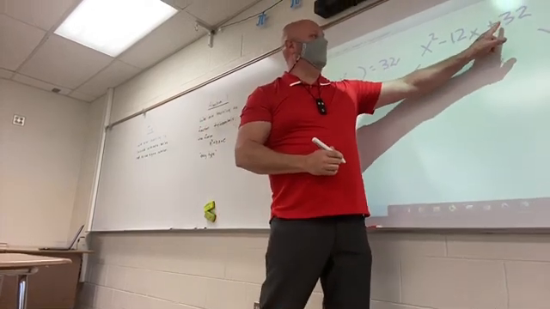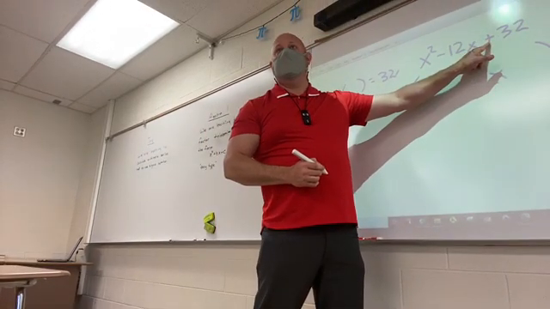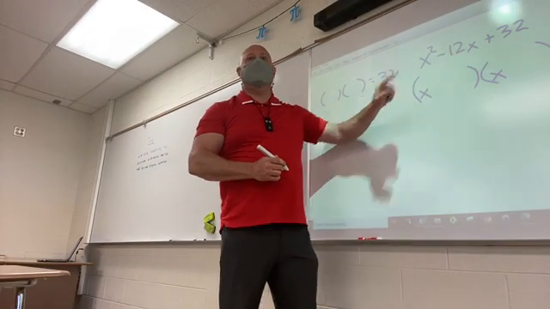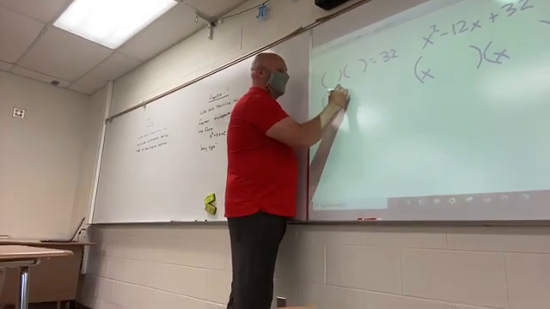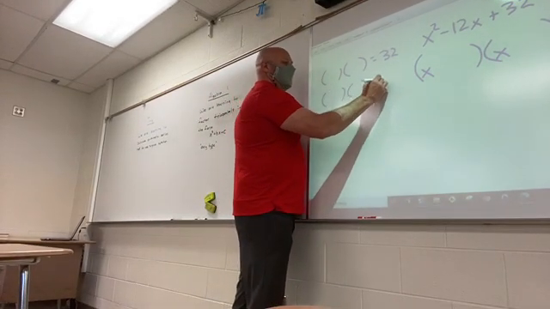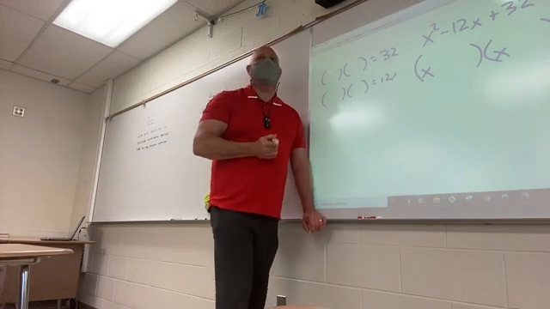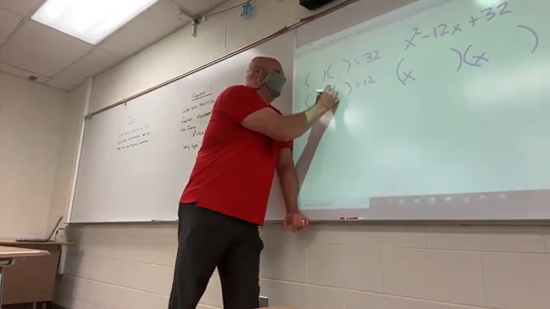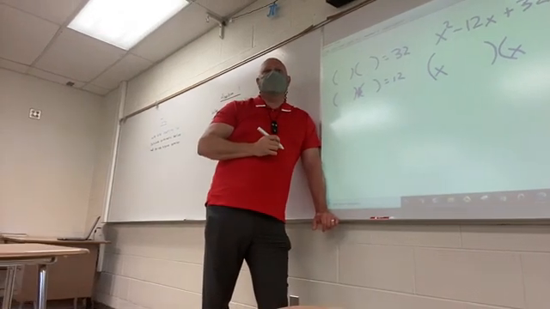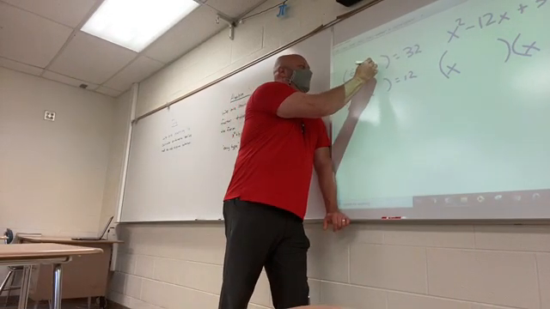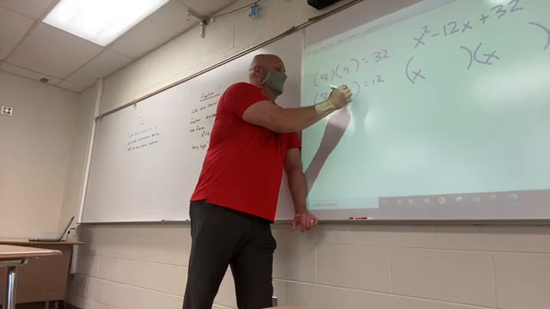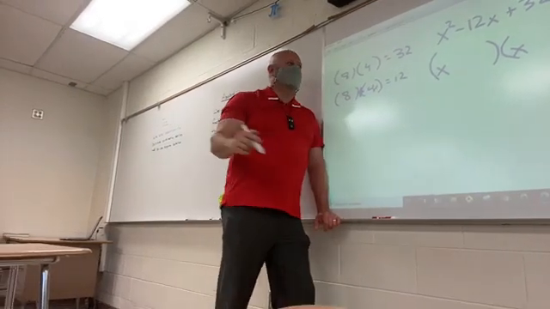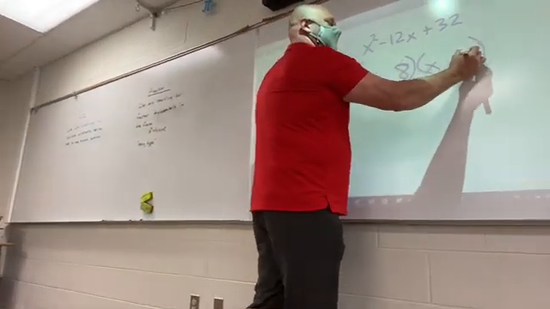I'm also looking for two numbers that add up to 12. What are two numbers that multiply to 32 and those same two numbers add up to 12? 8 and 4? So far so good? So I know 8 and 4.